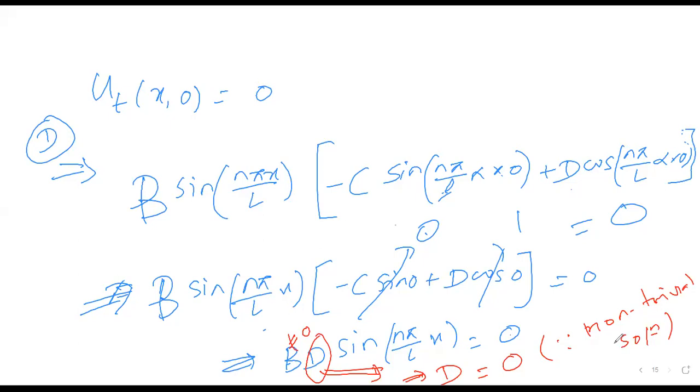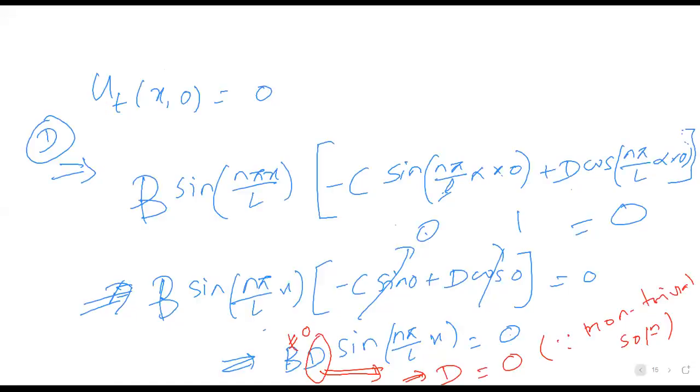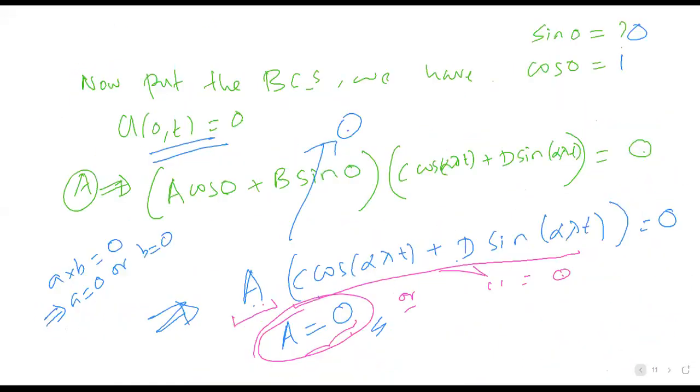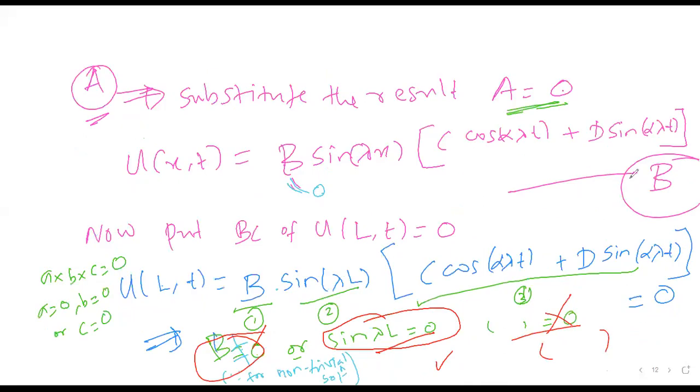So we have come to the last point. Okay, so my final equation, we have reduced A is equal to 0. This is my final equation. I have taken this one also 0. So this is my final answer, and that's what I'm going to write.